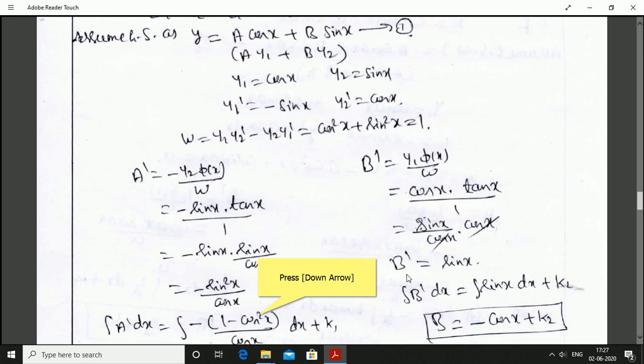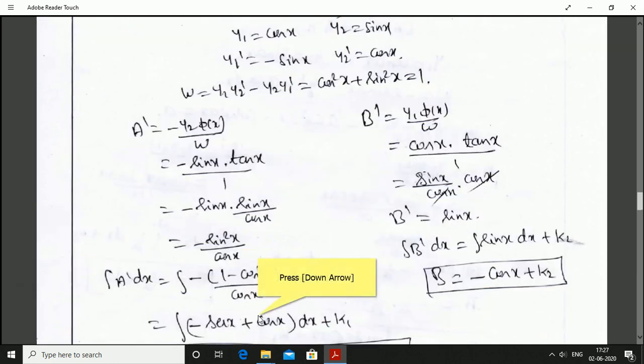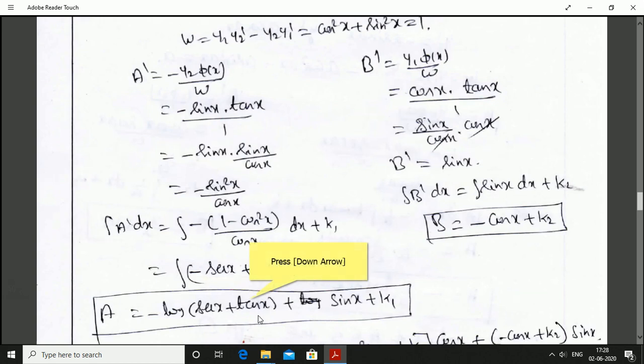Now, a dash is equal to minus y2 into phi of x divided by w. y2 is sin x, phi of x is tan x, w is 1. Tan x can be written as sin x by cos x. Sin x into sin x is sin square x divided by cos x. Sin square x, I have written it as 1 minus cos square x, divided by cos x, into dx plus k1.